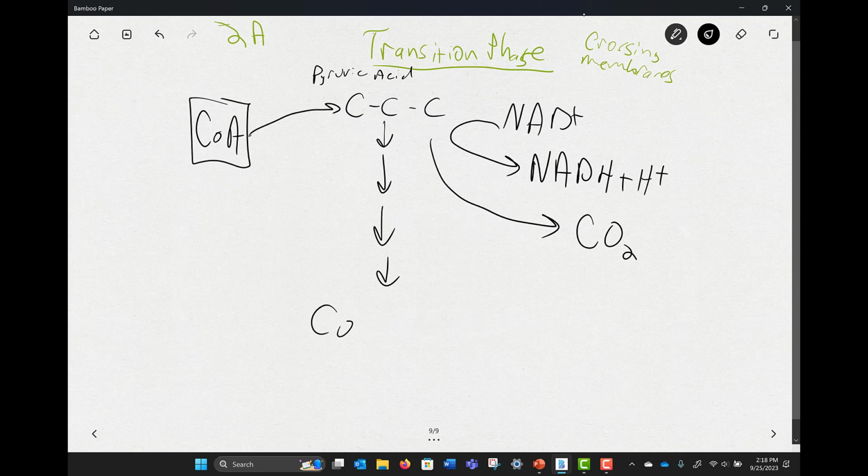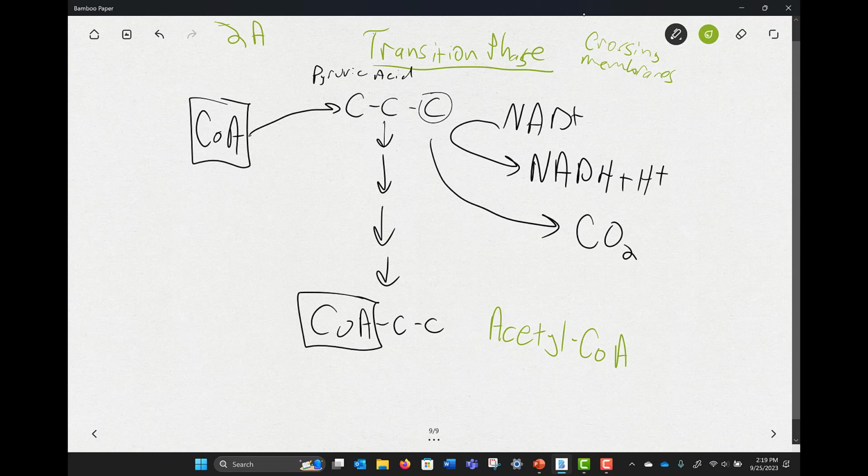At the end, we are left with a 2-carbon compound because we lost one of them as carbon dioxide. CoA, coenzyme A, attached to a 2-carbon compound. This is called acetyl CoA.